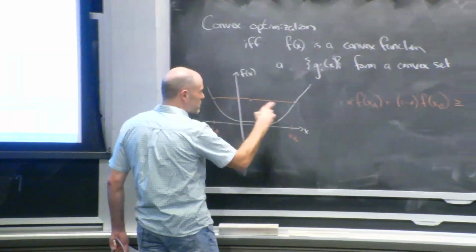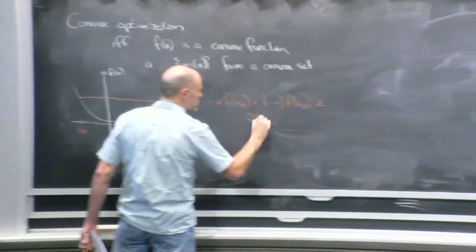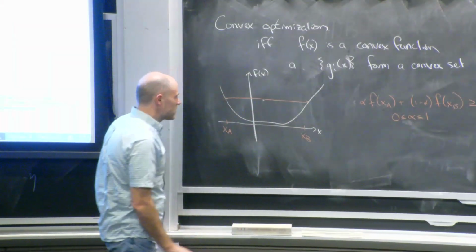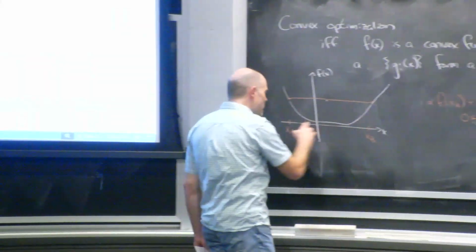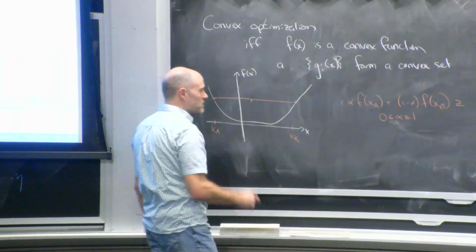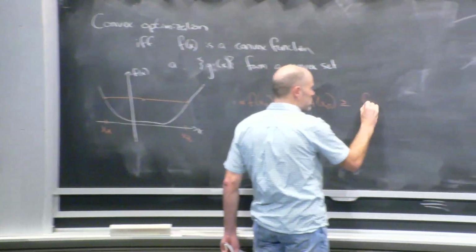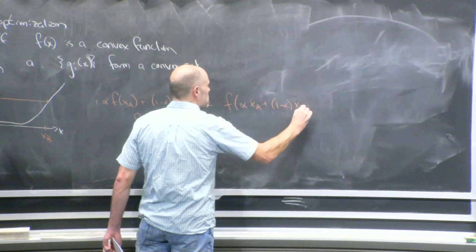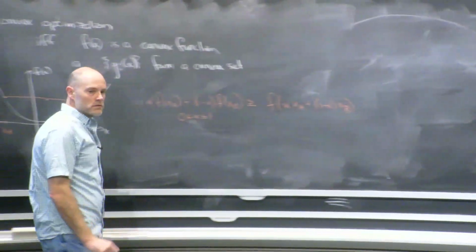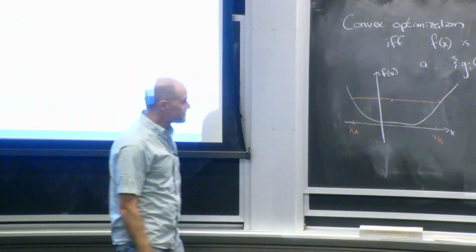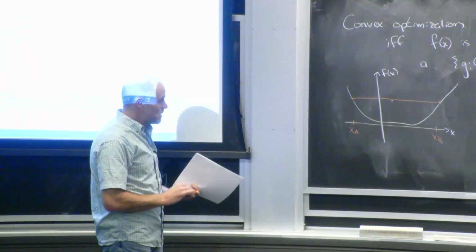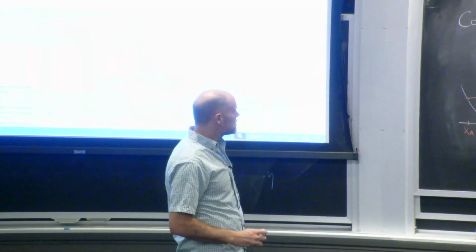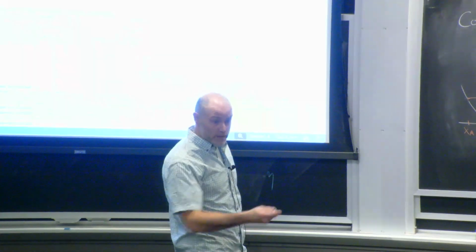I'm going to interpolate between them, where alpha is between 0 and 1. It's just an average. That defines the line between there. That has to be larger than the interpolation from the other direction. That's how you define a convex function. It's very simple. Yes?